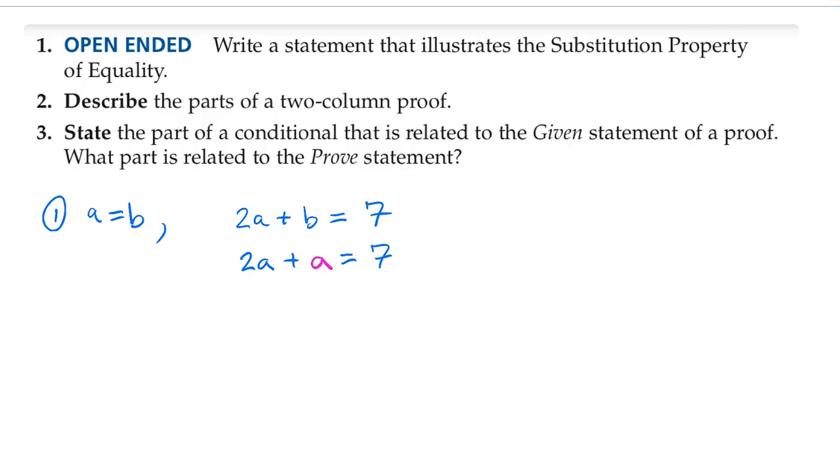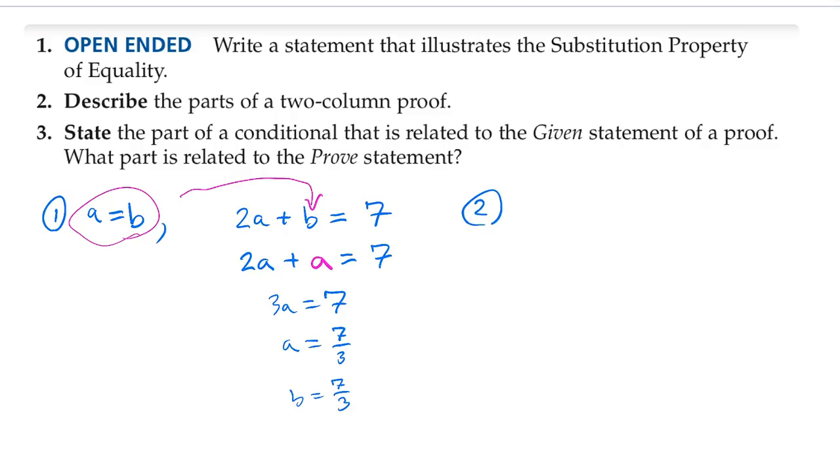So that's the idea, is you are taking this A equals B and using it right here to swap A in for B. And now that lets us solve it, right? So now we can go 3A equals 7, A equals 7/3. And then we could even go, oh, well, then that also means, since A is equal to B, that B is 7/3. So that was a useful time we would use it, right?